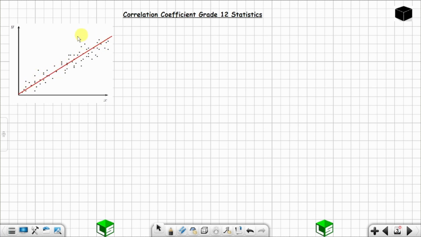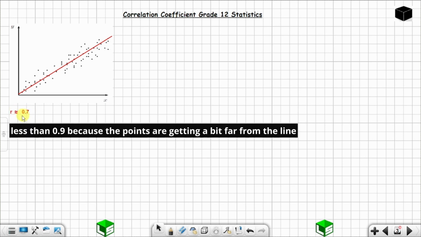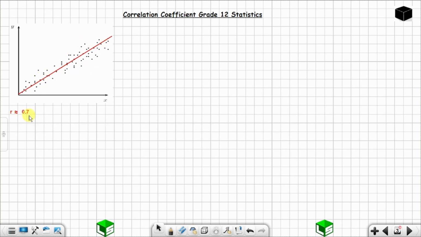You can see how close these points are to aligning on this line. So this is approximately 0.7, less than 0.9, because the points are getting a bit far. So this is going to be called moderately strong positive correlation or fairly strong positive correlation.